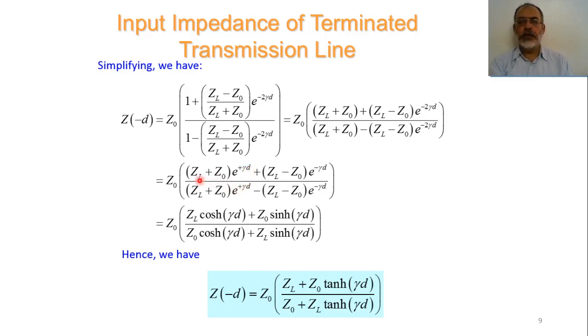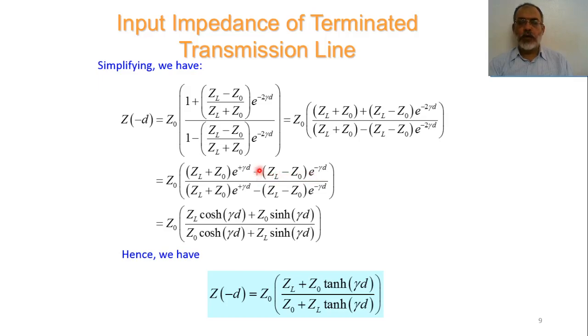So effectively, this would be 2 cosine gamma d multiplied by Z load. In a similar way, for Z naught e to the power gamma d minus Z naught e to the power minus gamma d, we can take Z naught as a common factor. So it would be e to the power gamma d minus e to the power minus gamma d, which would be 2 sin gamma d.